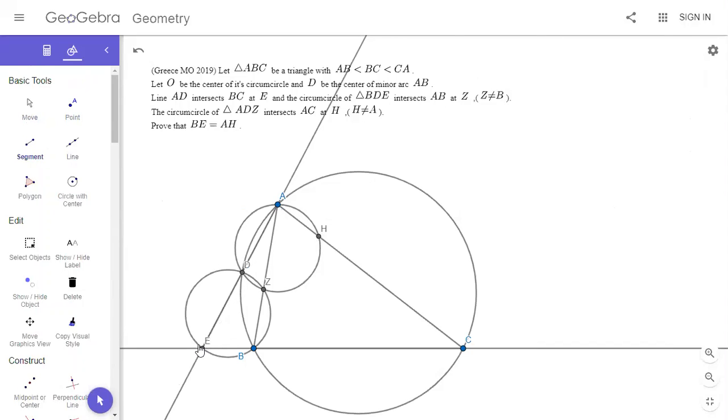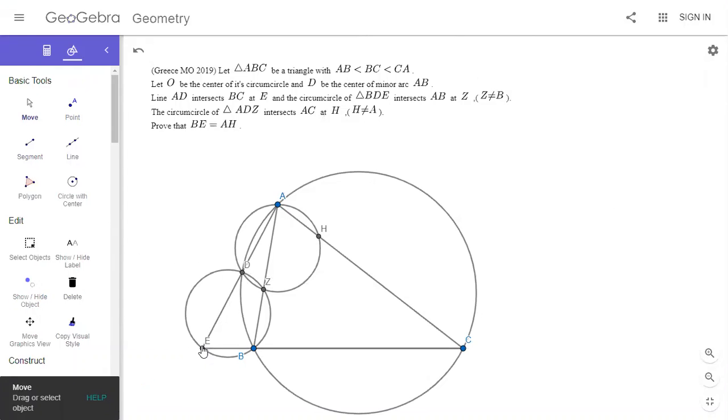Let's hide a couple things here. How do we show BE is equal to AH? So we have BE times EC is ED times EA. Feels like it's got to be just power of a point in some way.